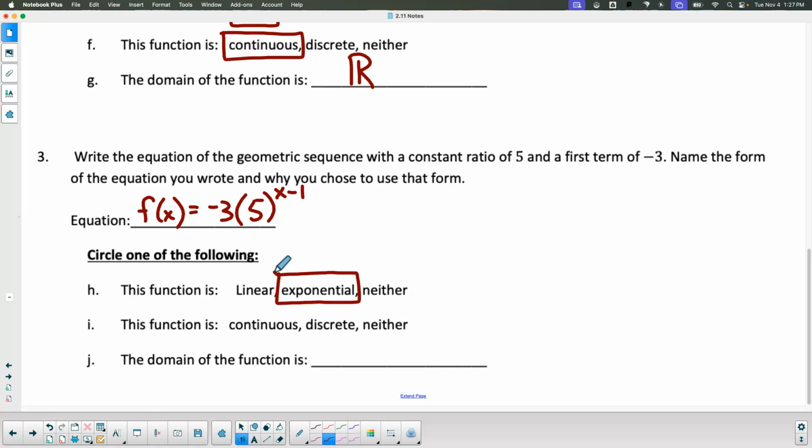What does context mean? Gotta go back and reread the information again. Why discrete, Todd? Because it's a sequence. Yep. It said write the equation of the geometric sequence. That means it's discrete. So if it says sequence, no matter what, it's always discrete? Yep.